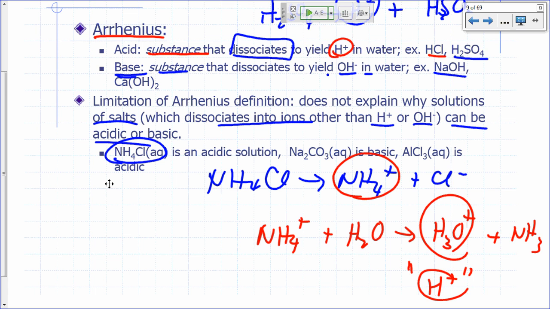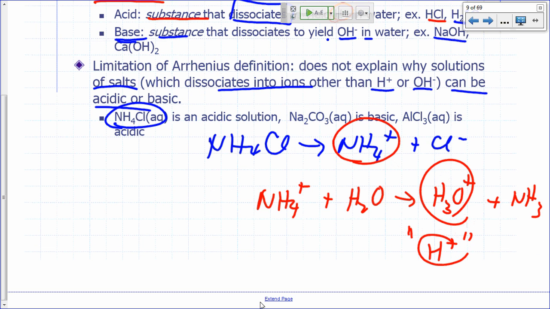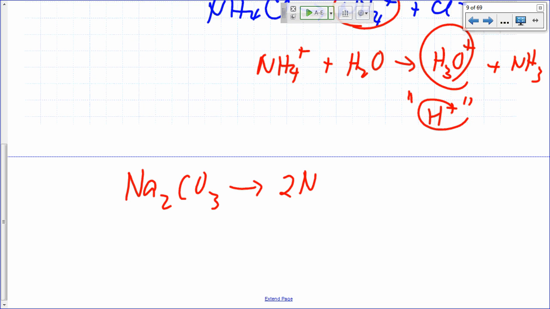Okay, sodium carbonate, same thing. It's basic in solution. You don't see any hydroxide there, right? Sodium carbonate will give you two sodiums and a carbonate ion. There's no hydroxide there, but if you measure the concentrations of H plus and hydroxide, you'll find that the hydroxide concentration is such that it's basic. So how does this produce hydroxide? It has to do with this carbonate ion.